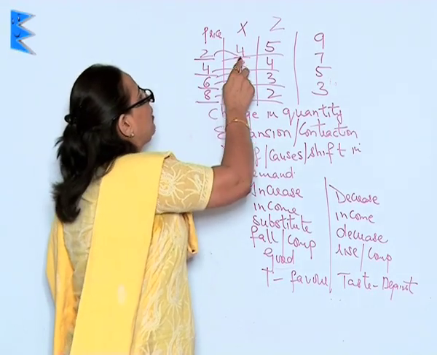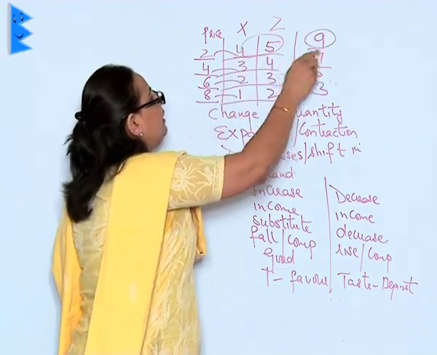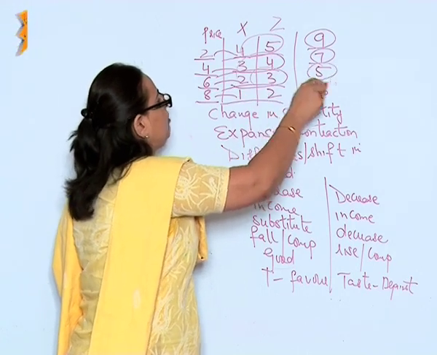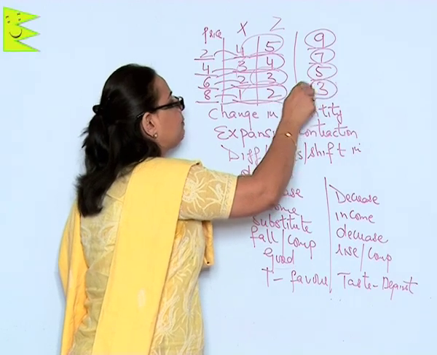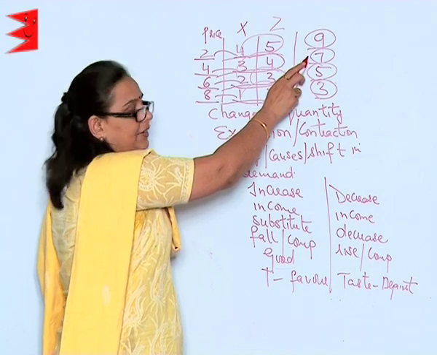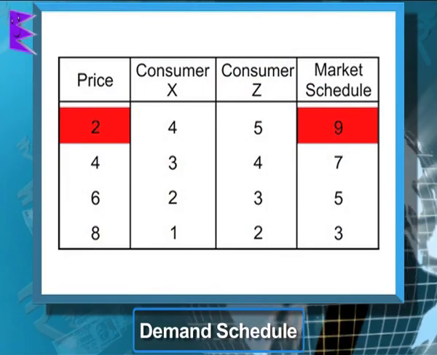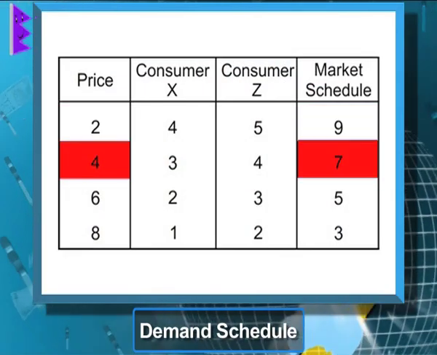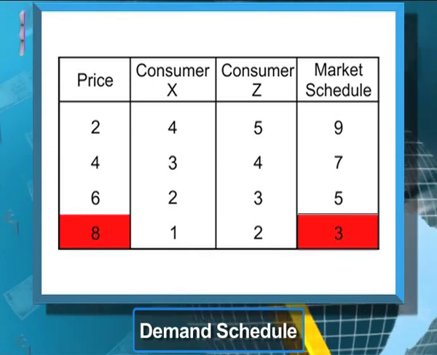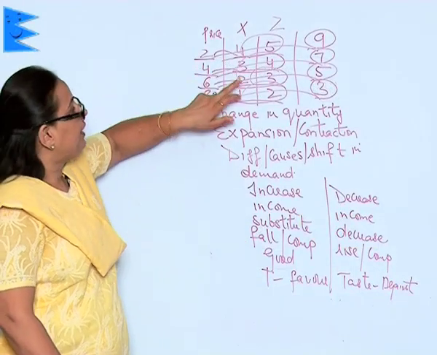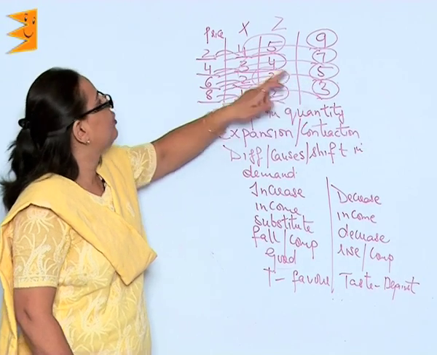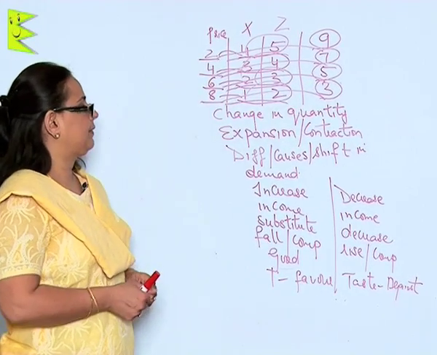So 4 plus 5 makes it 9, 3 plus 4 is 7, 2 plus 3 is 5 and 1 plus 2 is 3. Which means that the market schedule at 2 rupees is 9, at 4 rupees is 7, at 6 rupees is 5 and 8 rupees is 3. So that's the difference between the individual demand schedule and the market demand schedule at a given price.